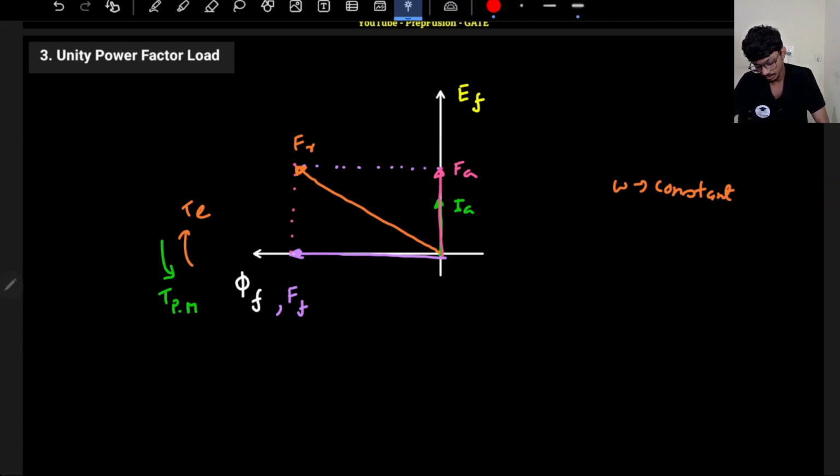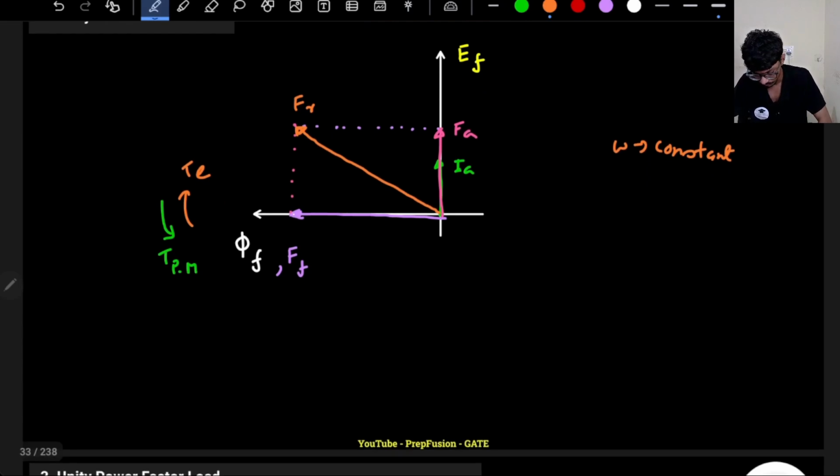Okay, in this case, what is the value of this developed torque? The value of this Te is proportional to, and this we have derived in DC machines as well, if you remember, the field mmf into the armature mmf into the sine of the angle between these two mmfs, right? This is delta. Sine of the angle of these two mmfs.